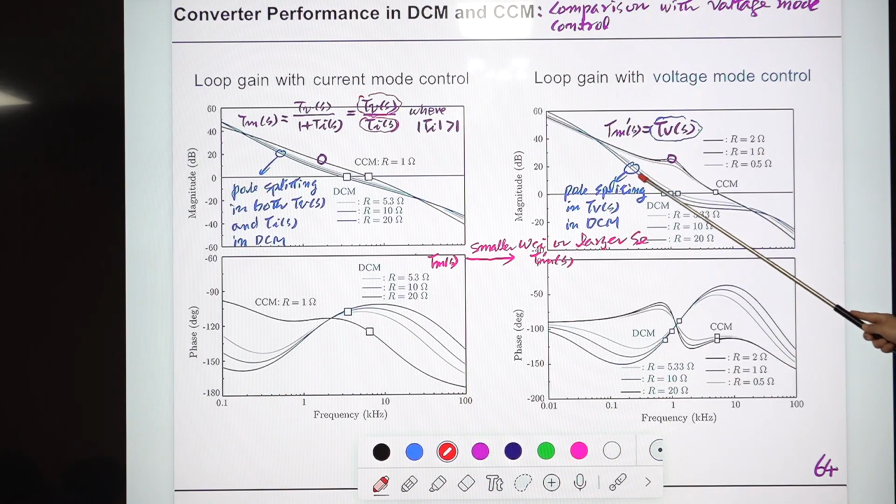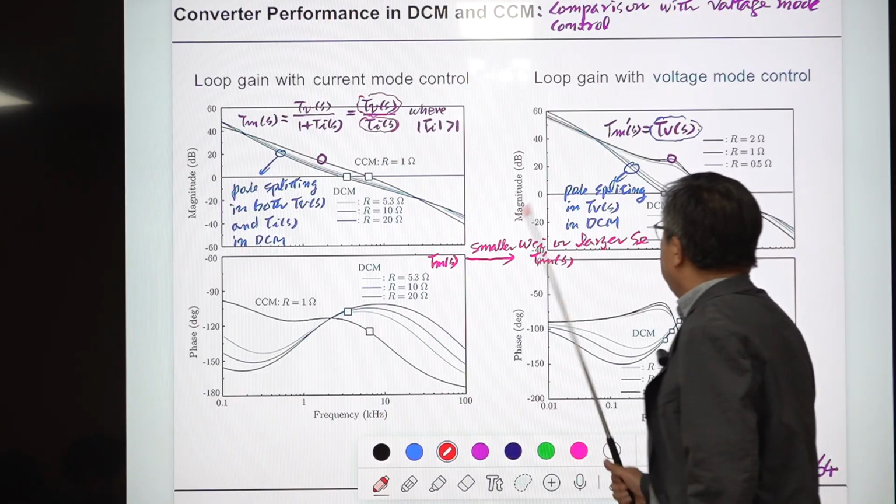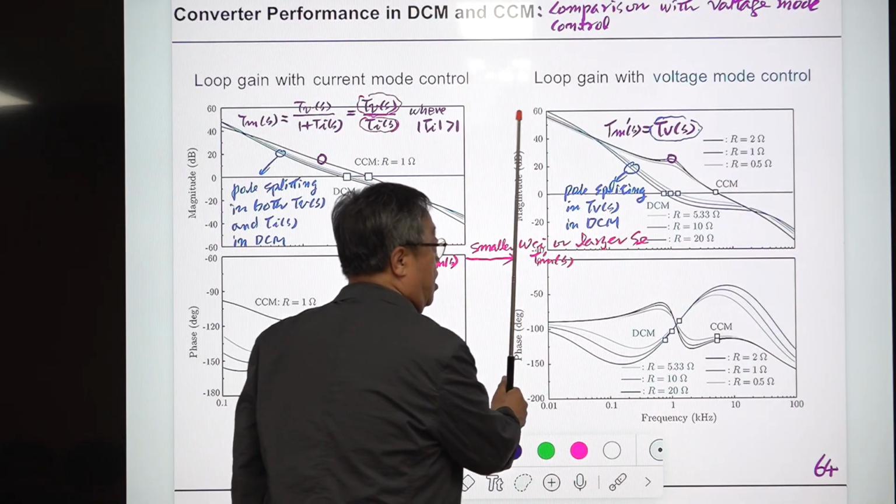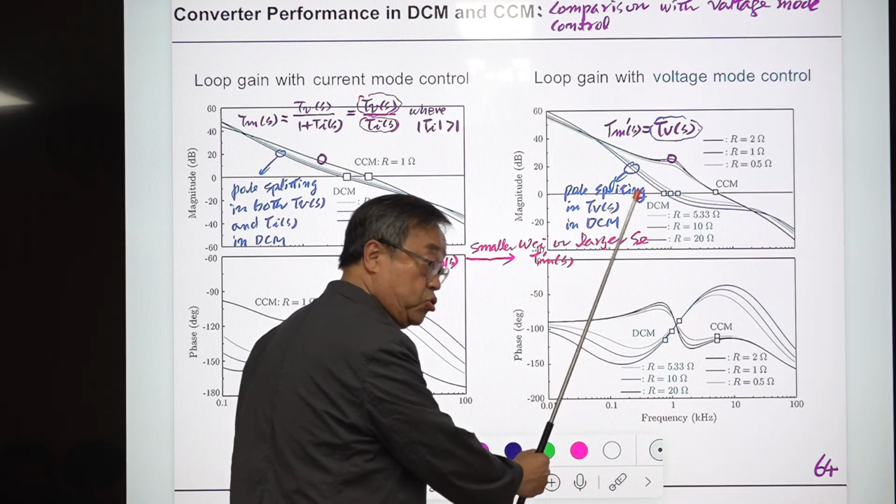So this is the loop gain for CCM and the loop gain for DCM, and the crossover is reduced this much, and the midband gain is reduced this much. This will degrade the output impedance and the step load response characteristic of voltage mode control in DCM compared with CCM. So that was one problem of voltage mode control.